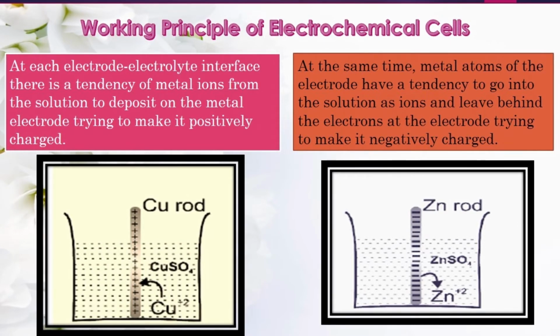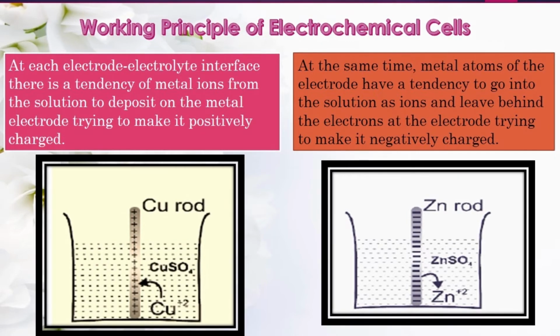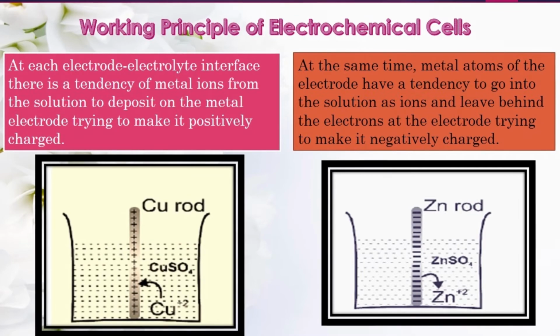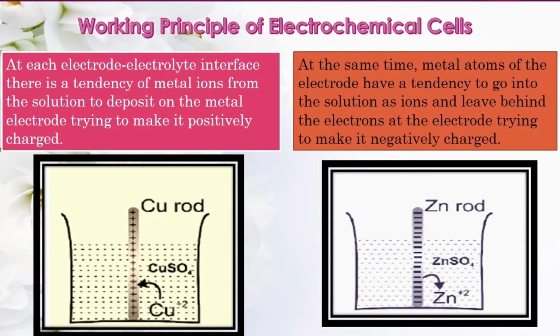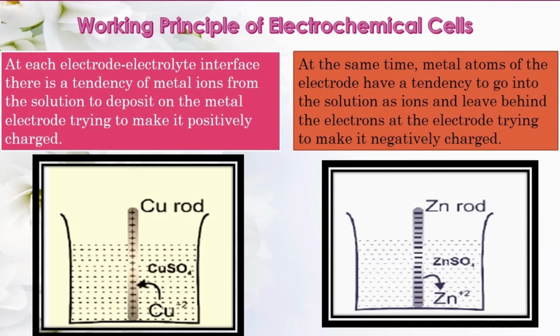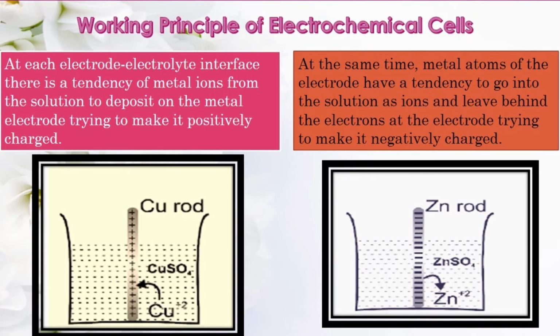For example, if you consider a copper rod dipped in copper sulfate solution, Cu2+ ions from the copper sulfate solution will come and deposit on the copper rod. As a result, the rod will get a positive charge.